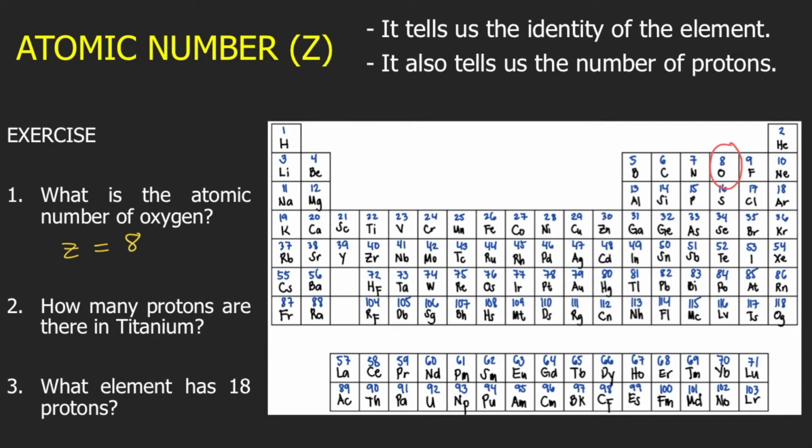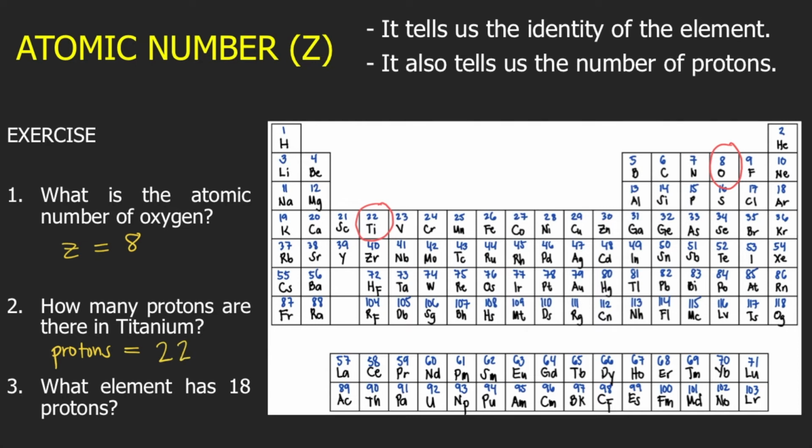Question number 2. How many protons are there in titanium? What's the elemental symbol of titanium? It's Ti. So this is titanium. As you can see, the atomic number of titanium is 22. And remember, the atomic number is also equal to the number of protons. Therefore, the number of protons in the nucleus of a titanium atom is also 22.